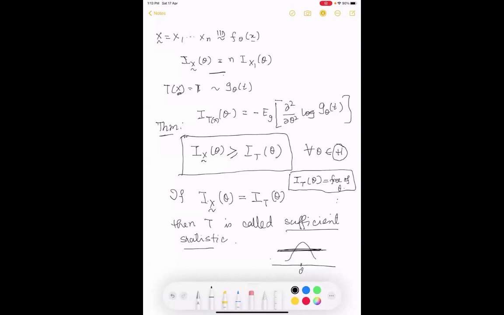Sufficiency is telling us basically that when you are doing data dimension reduction, you should not lose your information.